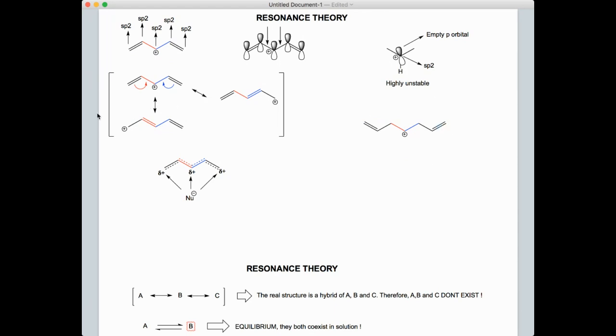Okay, guys, what about this structure? So I'm going to ask this question again now that we're ending the class. Is that carbocation a delocalized ion? The one that I am giving you now on the slide. Is that a delocalized ion?